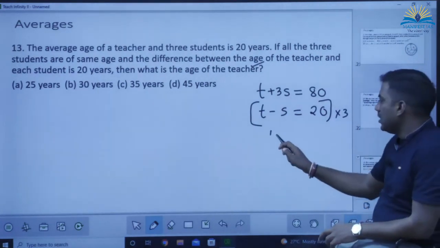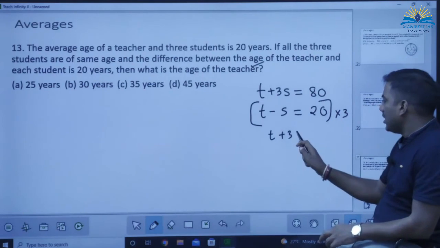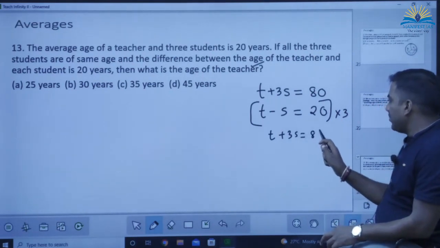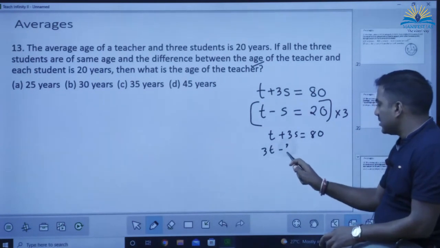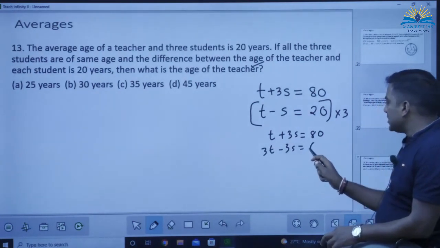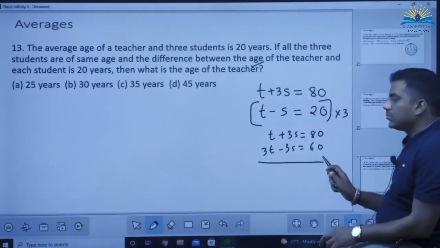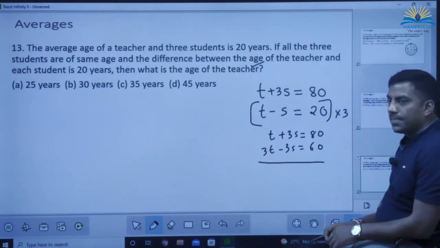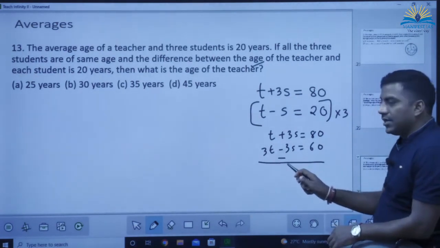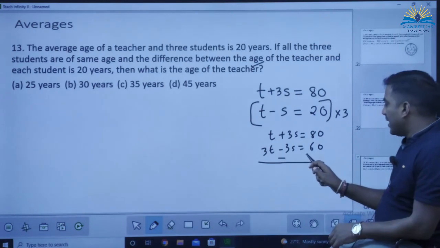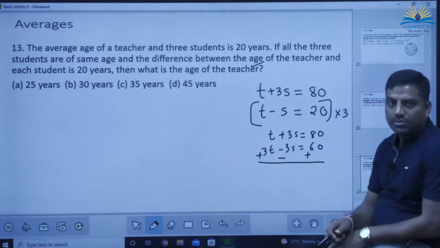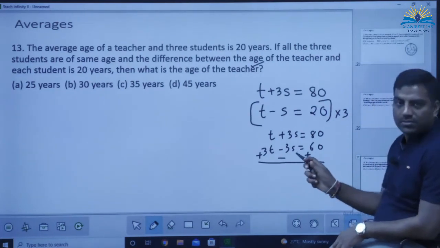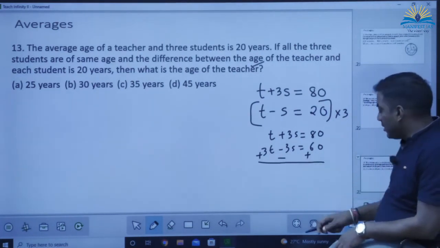So this becomes t plus 3s is equal to 80 and 3t minus 3s is equal to 60. Because you are adding these equations, just keep them like that only.